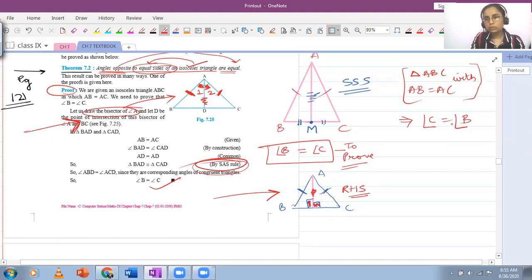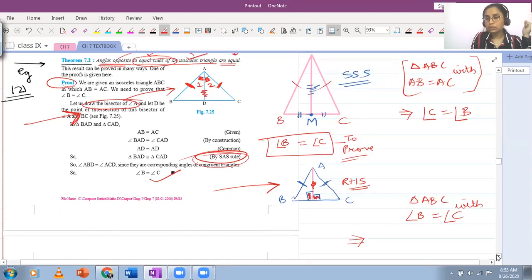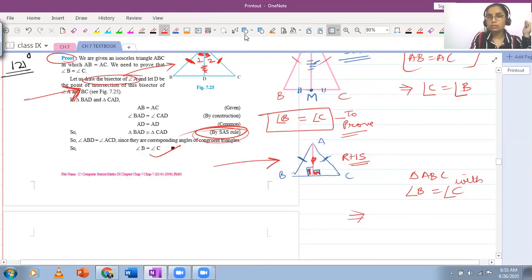The converse of this theorem, the converse means the opposite of this one, says that if you have a triangle ABC in which two angles are equal, instead of two sides, then what we can conclude from there is that the sides which are opposite to these angles will also be equal.